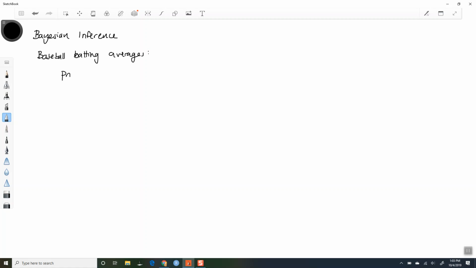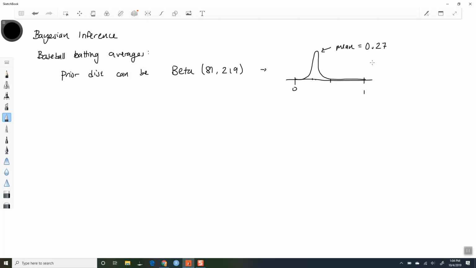And we said the prior distribution can be said to be beta 81, 219, which ends up looking something like this, where we get a peak. It's hard to draw, but the mean is going to be around 0.27. Okay.